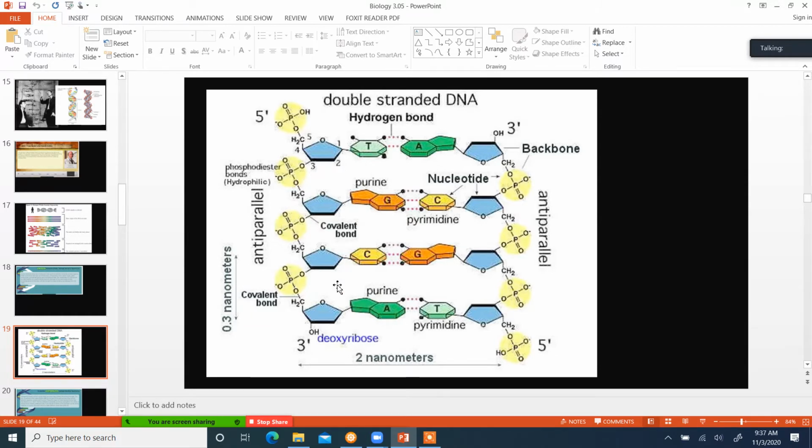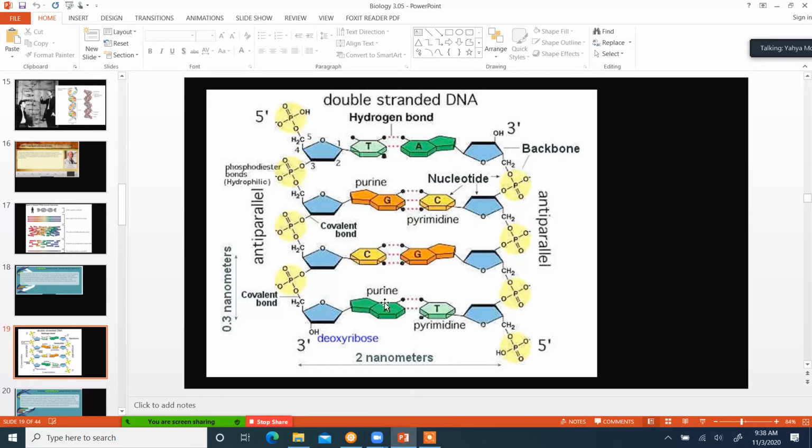So over here, what is a nucleotide? You notice there's a pattern. You have a base like A, G, C, or T. For example, let's take this one, A. This thing by itself is called a nitrogenous base.